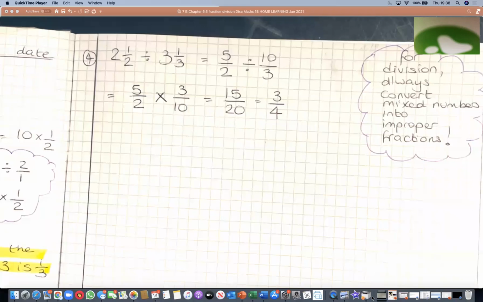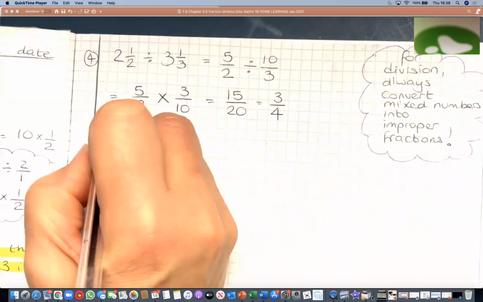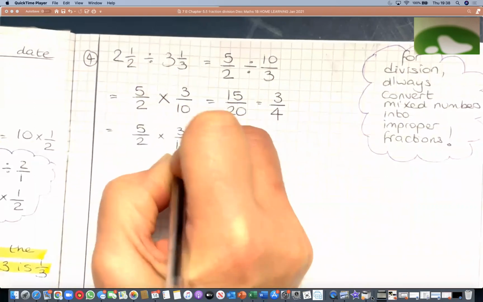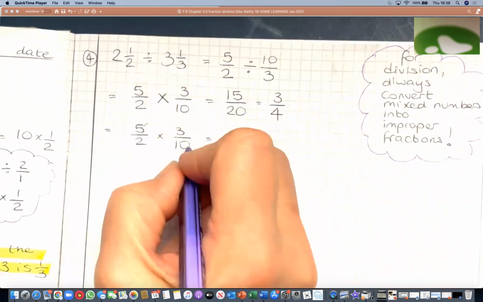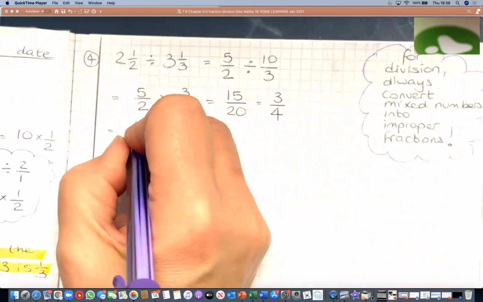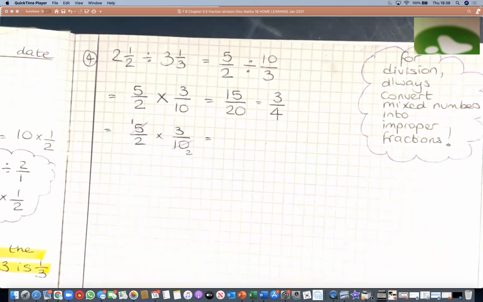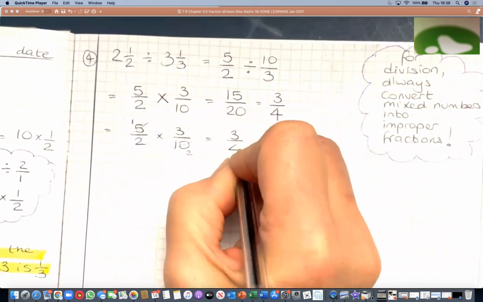You may also have noticed, remember we have talked about cross-cancelling, some students like it more than others. But if you wanted to use cross-cancelling, let's write it out again. It just makes the math slightly more simple because I can say that 5 divided by 5 is 1, 10 divided by 5 is 2, and then I can multiply straight out. 1 times 3 gives me 3, 2 times 2 is 4.